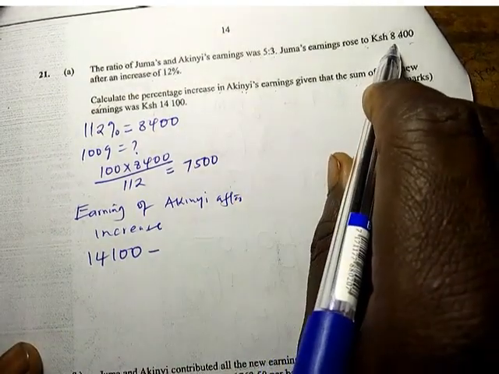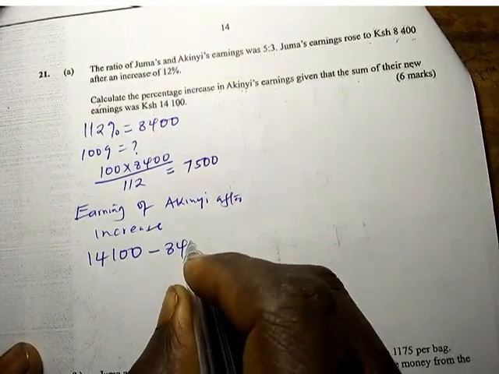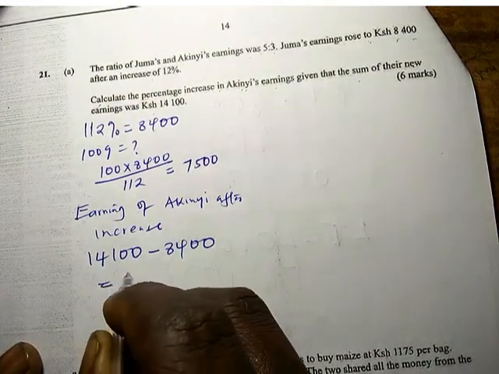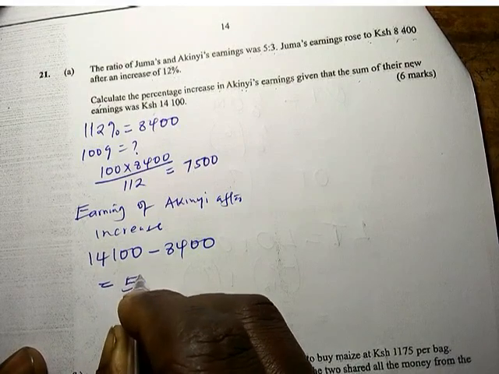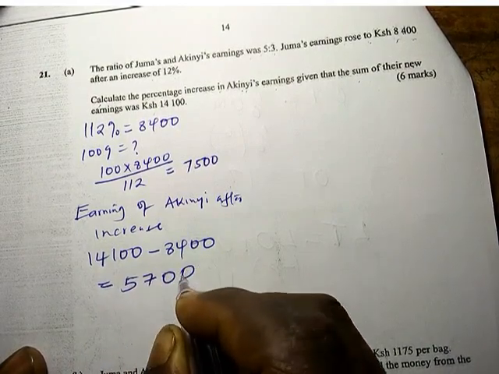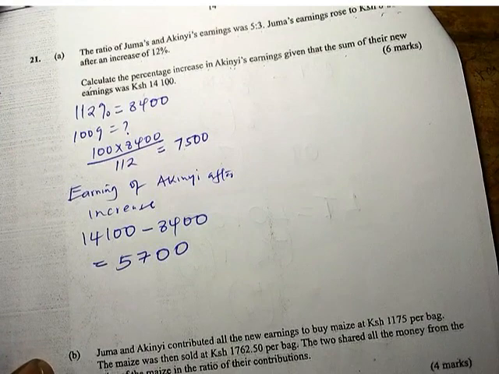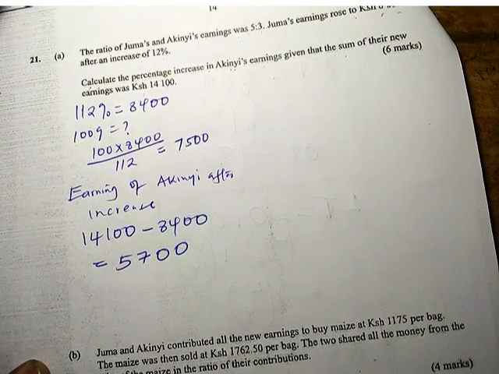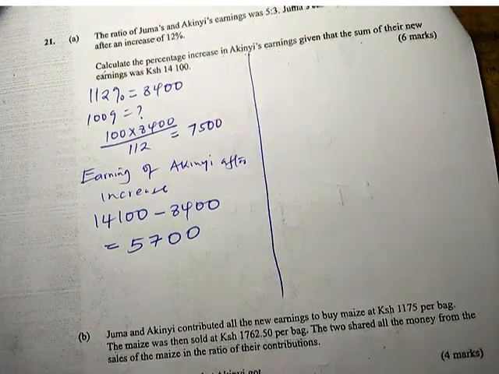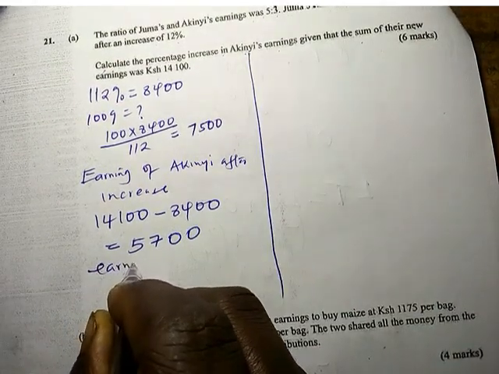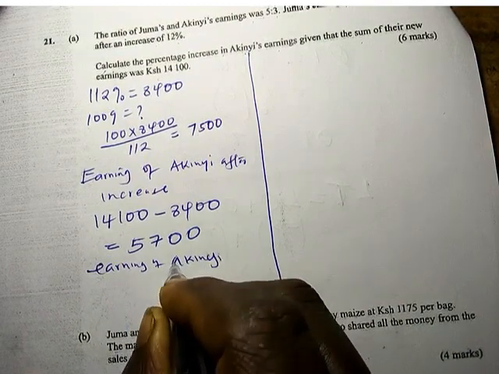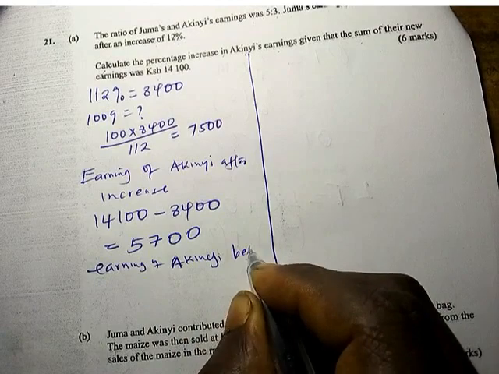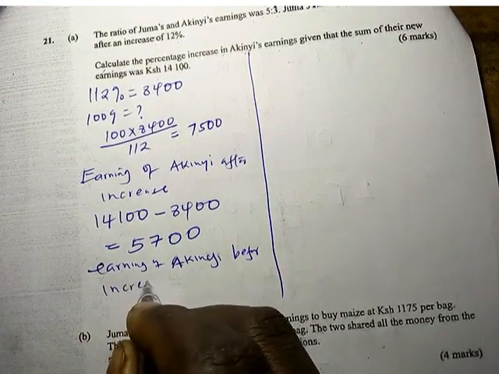We will take away 84 for Juma after an increase. We will find that the money for Akinyi that increased to 5,700. Right? Now we can get earning of Akinyi before an increase.